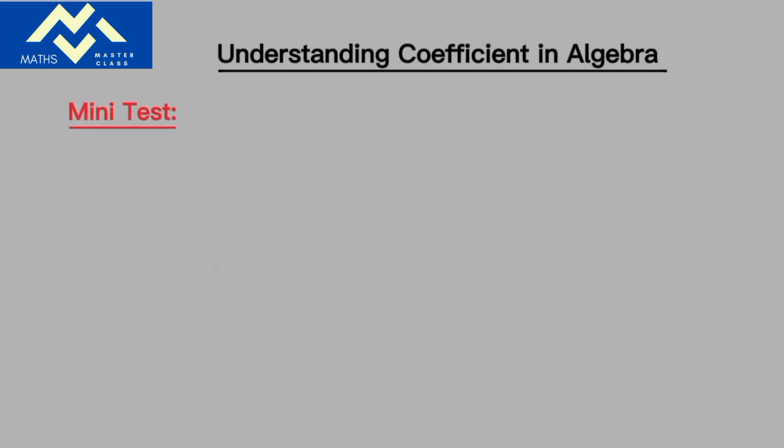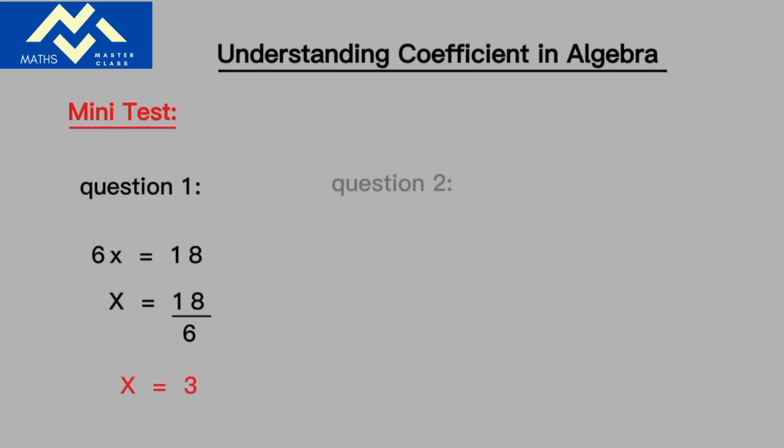Mini-test, challenge. Let's see what you've learned. Try these quick problems. Pause the video if needed. Question 1. 6x equals 18. What is x? Answer: x equals 3. Question 2. 2y equals 10.